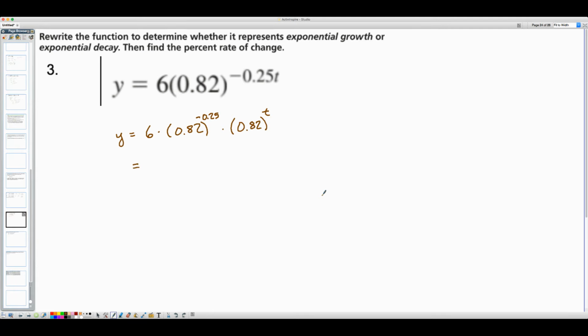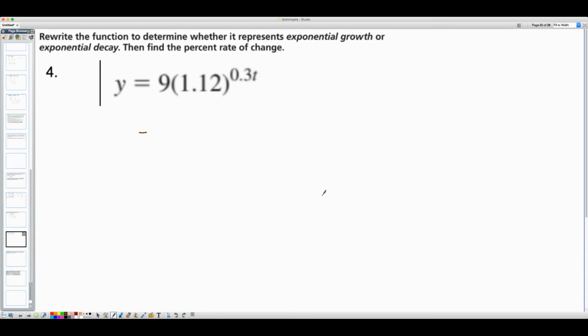And if I simplify this, I get a constant to the 4th decimal, times 1 minus 0.18 to the t. So the base is between 0 and 1, which means that it's decay, and it's 18%, or 0.18, which is a decrease, so it's decay.